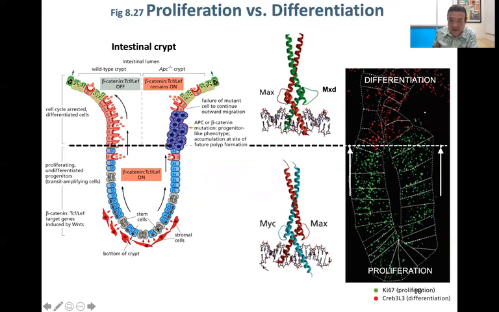And as long as they're receiving a lot of Wnt signals, remember Wnt, which is received by the frizzled receptor, will discourage the complex that degrades beta-catenin. So as a result, beta-catenin is allowed to signal and function and turn on genes that control proliferation.